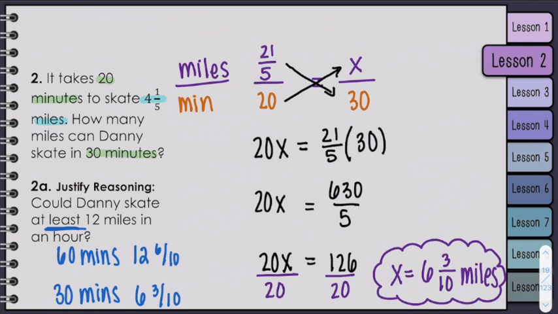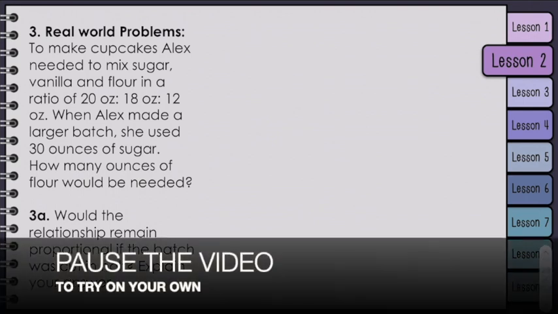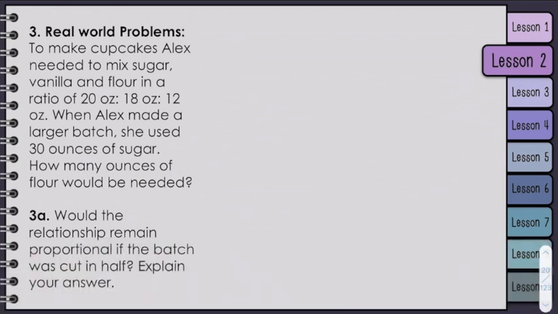Okay. So for the last question, try it on your own. Number 3 and 3A. Pause the video and we'll come back and check it. Okay, so here we have a mix of sugar, vanilla, and flour.